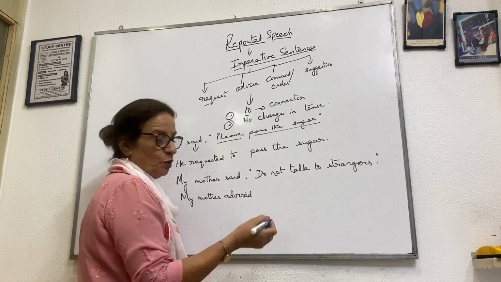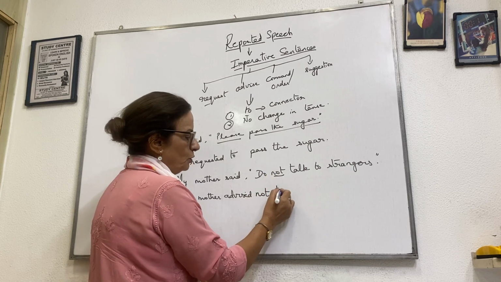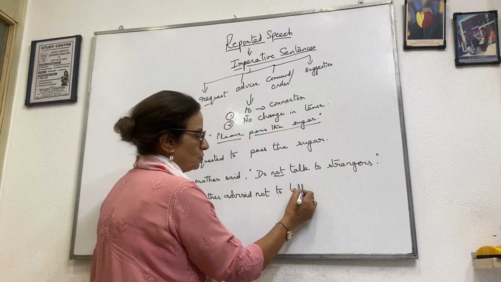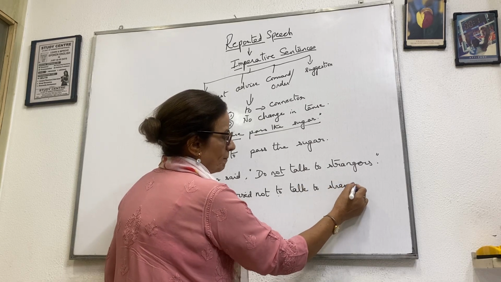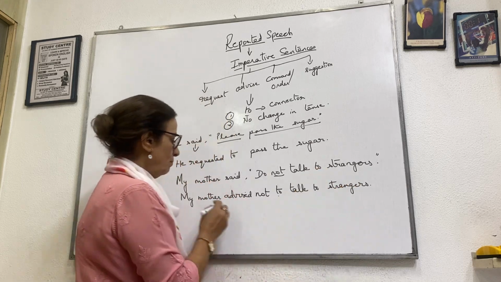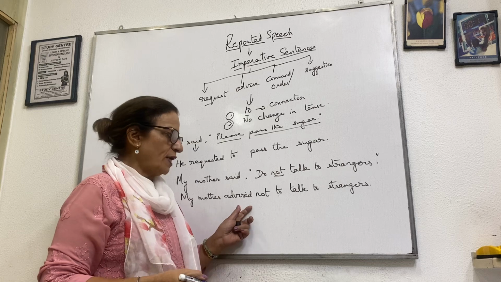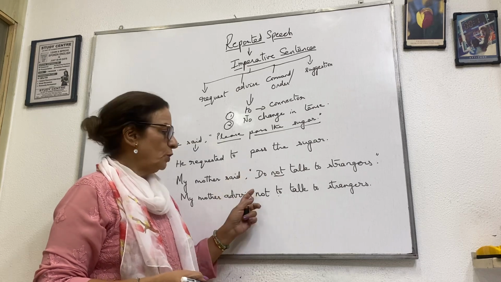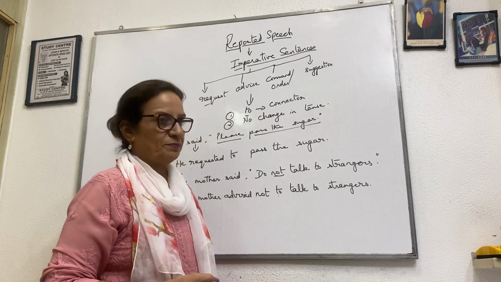We have to use to, but since it is negative, not, we put not to, using the connector, talk to strangers. No change in the tense. My mother said, do not talk to strangers. My mother advised, bring the not here, do will go, not, the connector, not to talk to strangers.